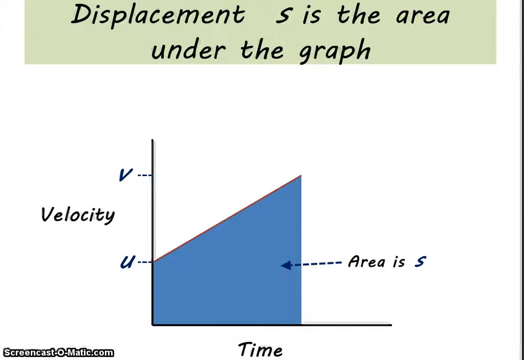And this next equation is going to be derived from looking at the area under the graph. So this uses the same idea that I was talking about just a second ago in the video.